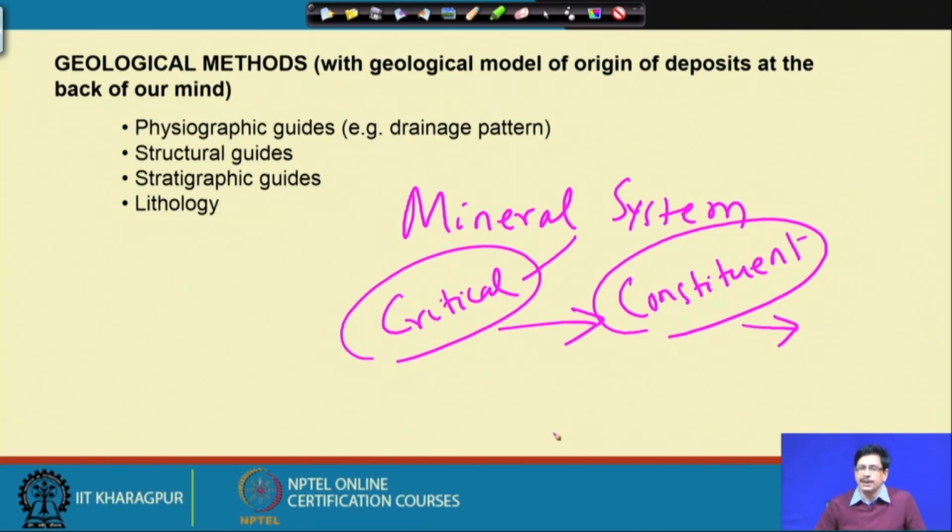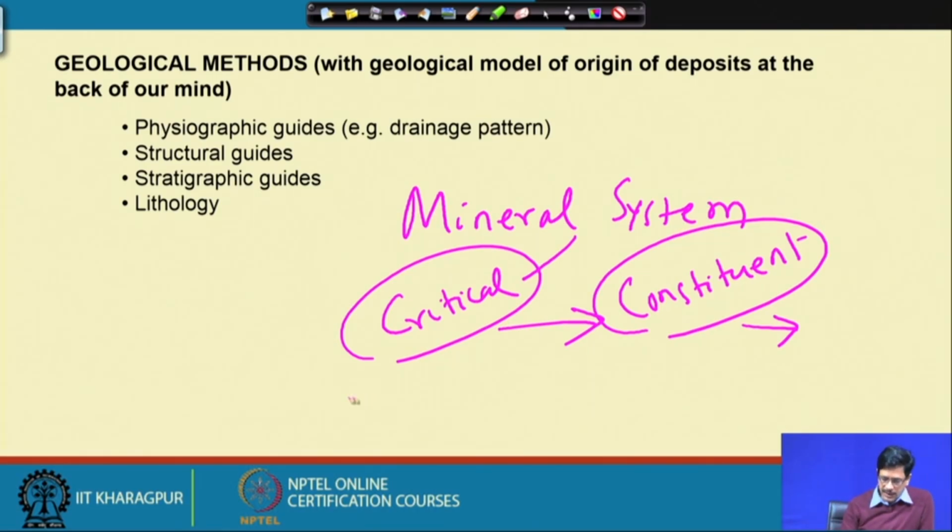For example, in case of a VMS deposit, it is a stockwork feeder pipe which shows its typical type of alteration, which will be in the scales of only say hundreds of meters or even less than a square kilometer of area. So, there the constituent process is very much governed by the local scale processes.